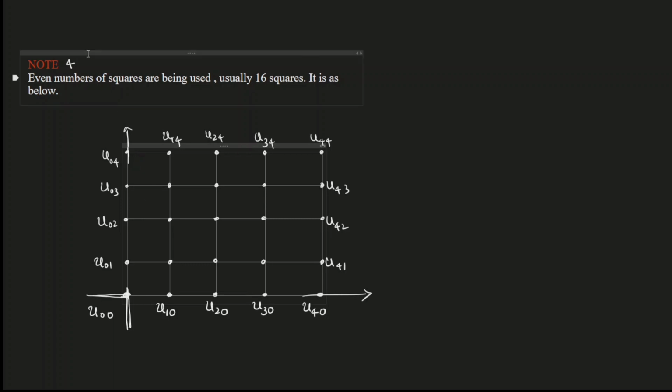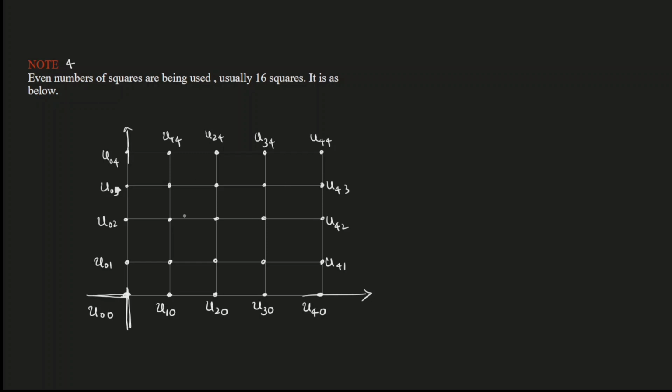These are all boundary values. Already I have written: the origin u00, u10, u20, u30, u40, along the y-axis u01, u02, u03, u04, and the boundary values u14, u24, u34, u44, and u41, u42, u43, u44.